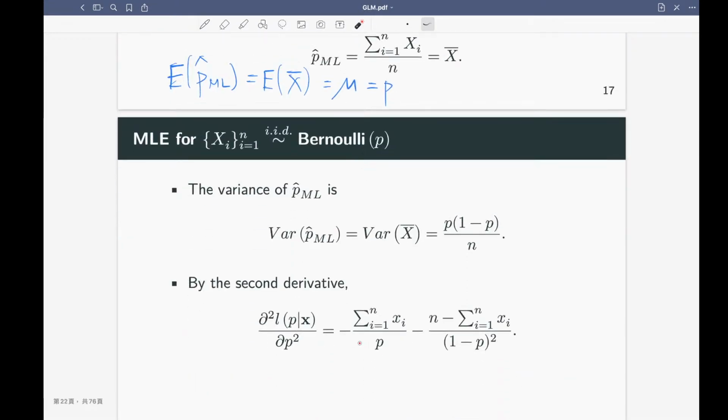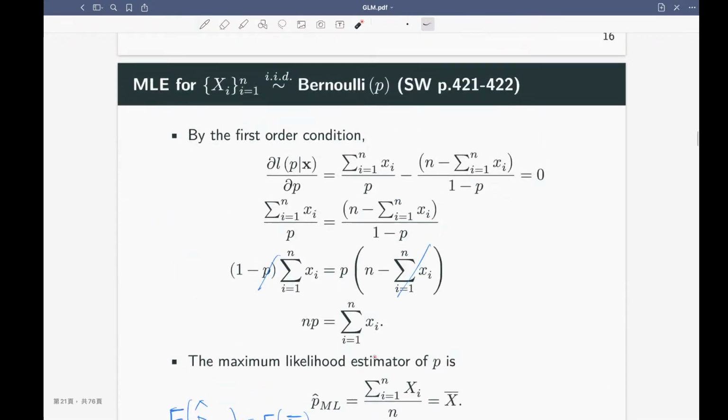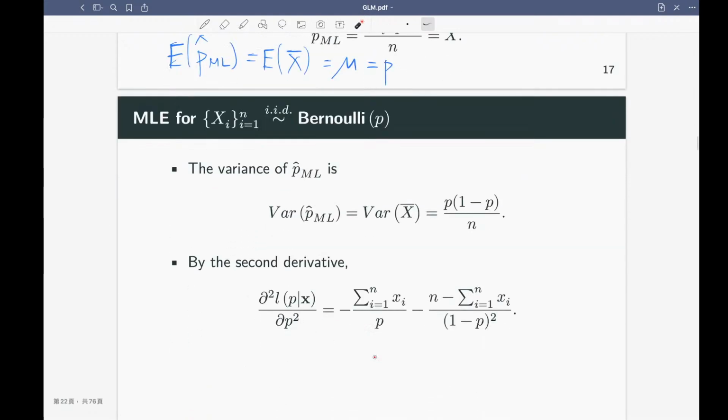So you should multiply by -1, and here is p with a square.